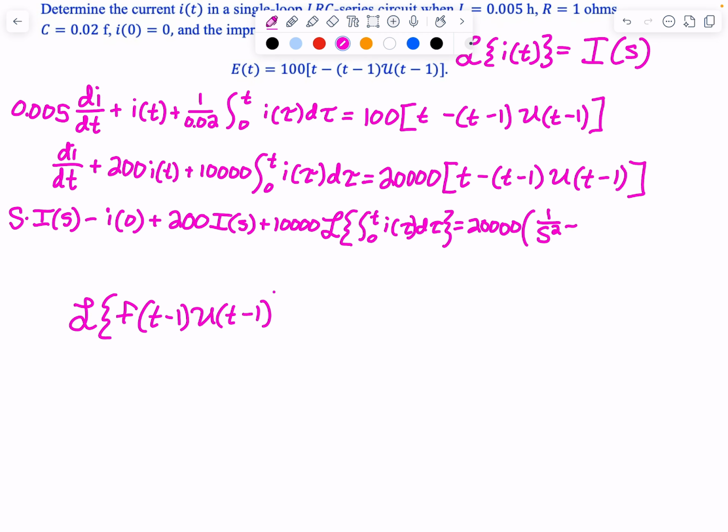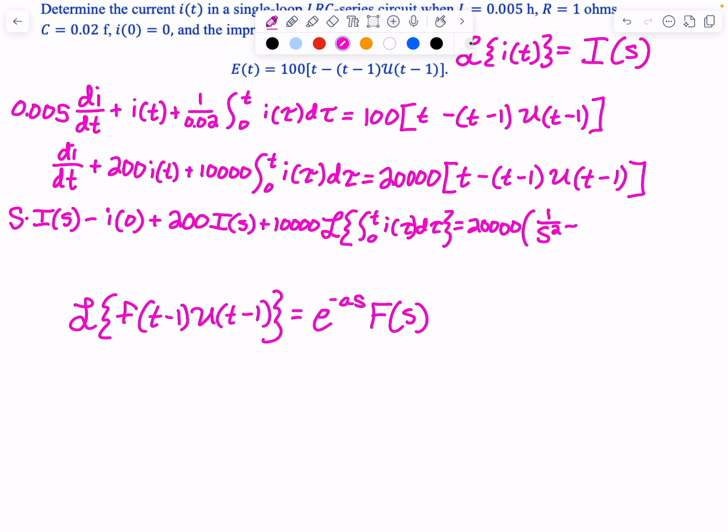What this meant was that I had an e to the negative. Let's grab this correctly. I always feel like I'm going to get it wrong, and I don't want to do it wrong in the middle of a video. Actually, I flipped it right there. No, I was right. Okay, e to the negative a s, capital F of s. That's the rule we're about to use.